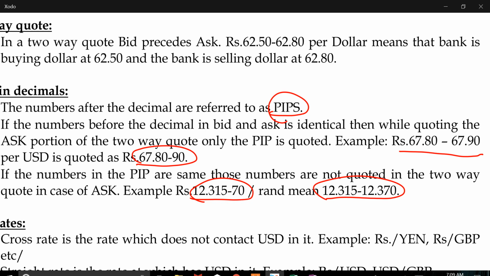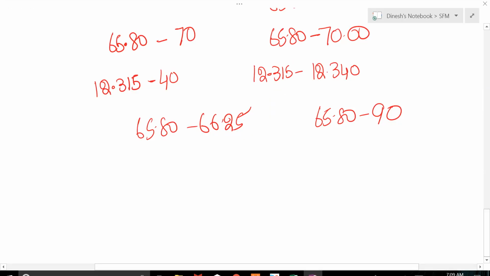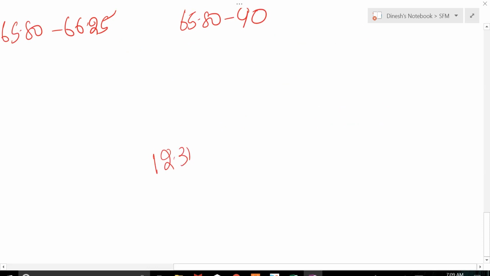Now assume a quote is like this: 12.315/12.7.